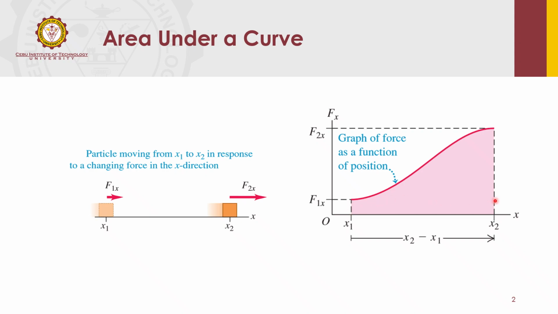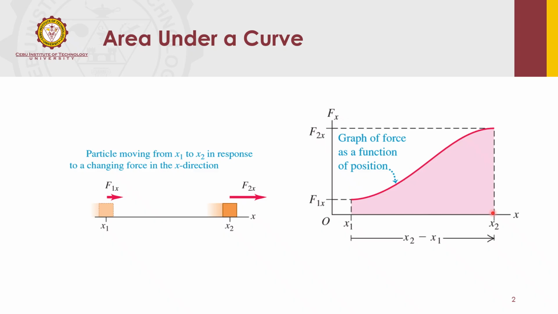Imagine a straight horizontal line from x sub 1 to x sub 2. It's the length of the rectangular region, and the width would be the magnitude of the applied force that is constant. The area of that rectangle is the work done on the object or the particle.